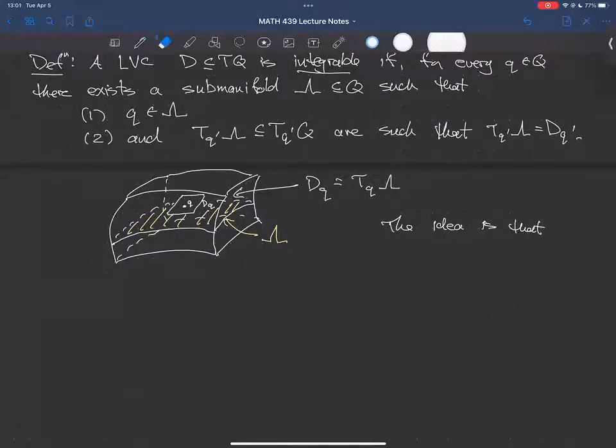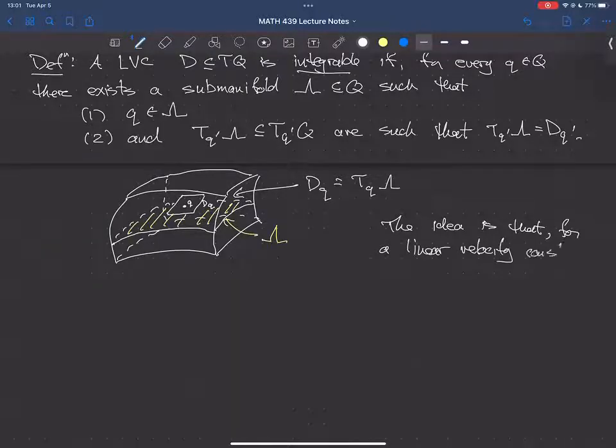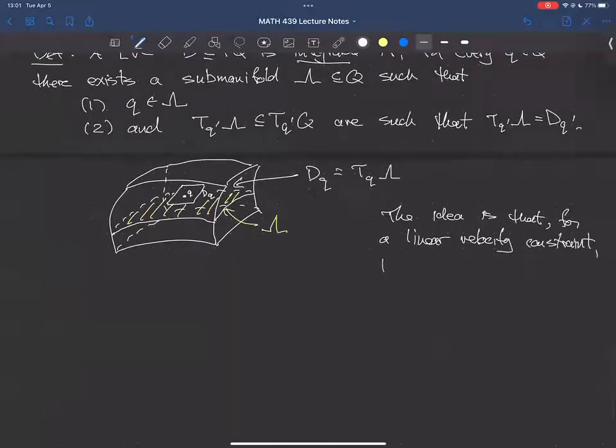So for a linear velocity constraint, the motions through Q must lie on the submanifold lambda.